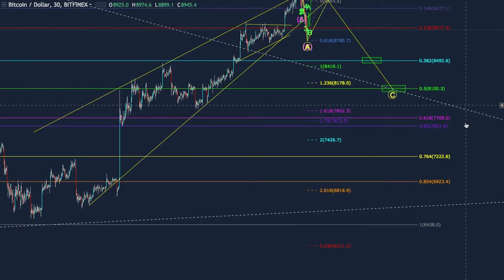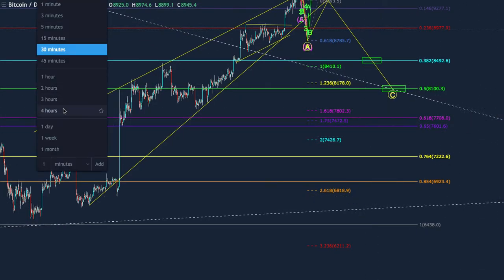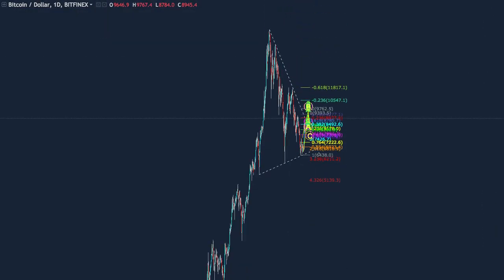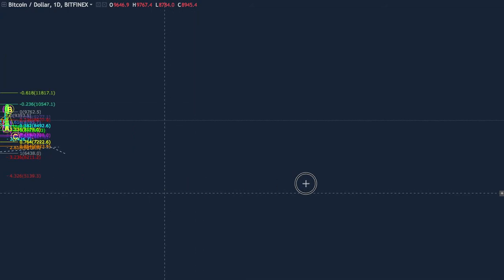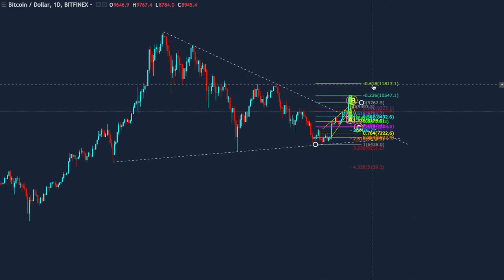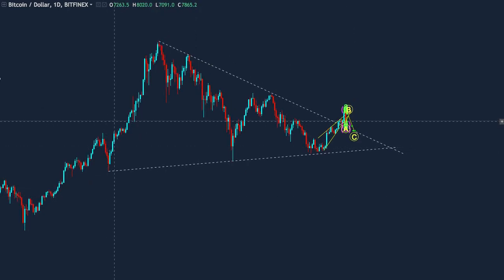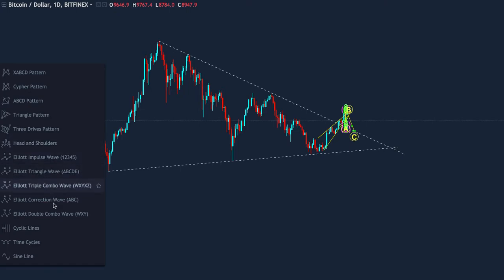The count that I'm pretty fond of for the consolidation that we've seen the last couple of weeks is really this ABCDE triangle that I keep talking about. And I just want to bring it up again in this video.